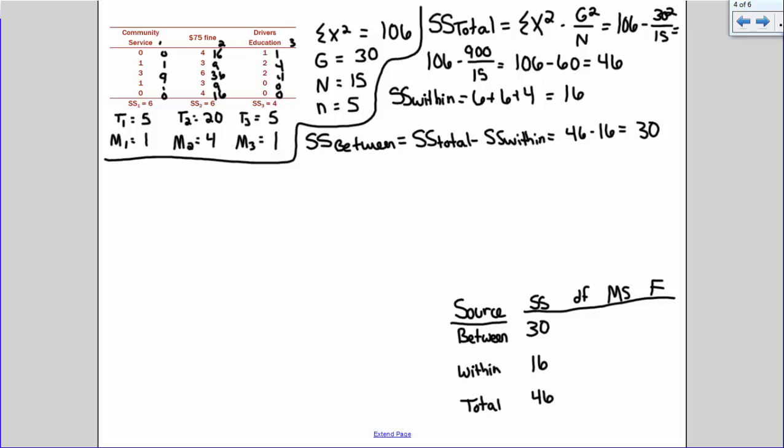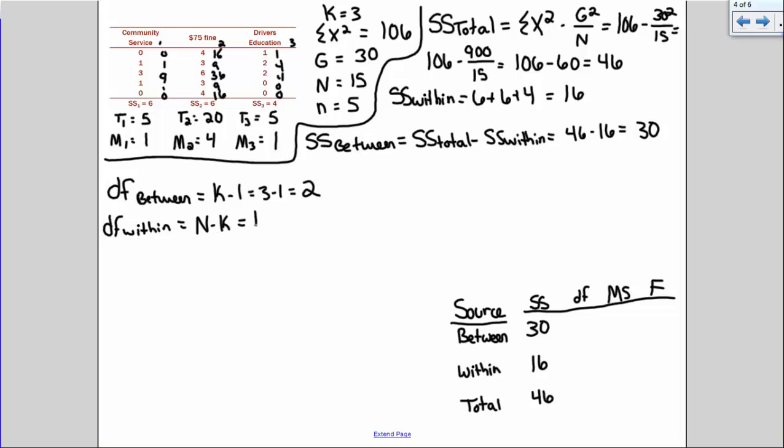Then we've got degrees of freedom between, which is equal to k minus 1. And what is k in this example? Well, k is equal to 3. We have 3 groups. 3 minus 1 is 2. And then our degrees of freedom within is equal to n minus k.